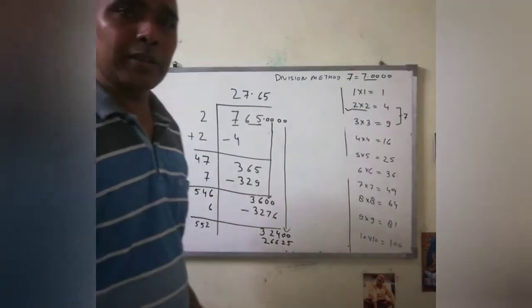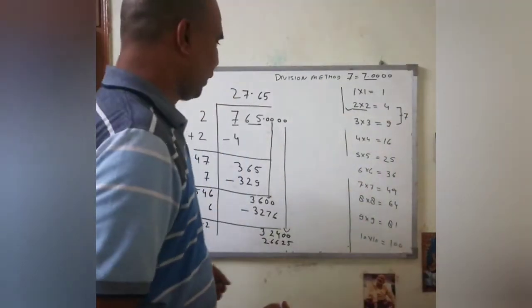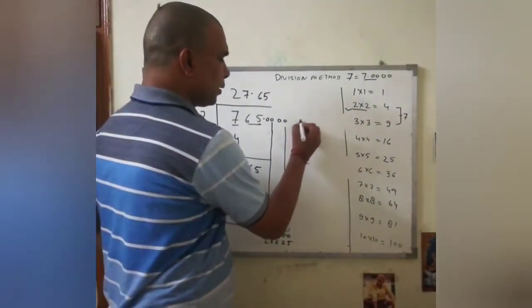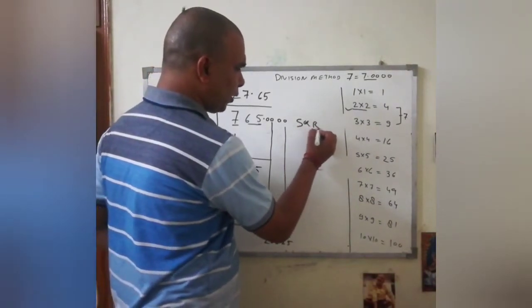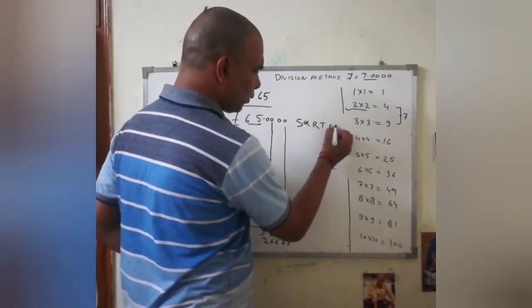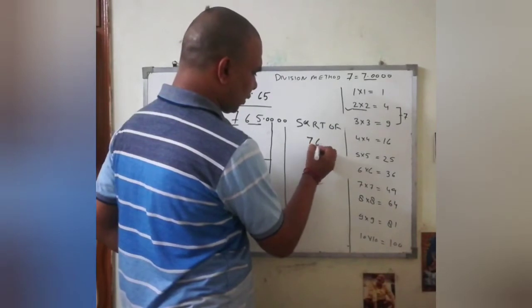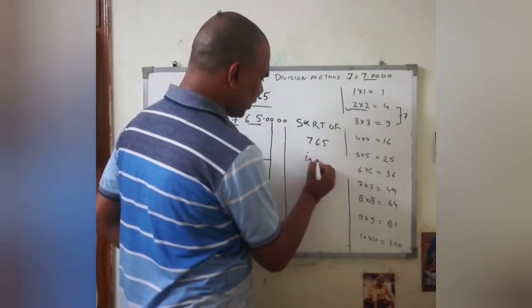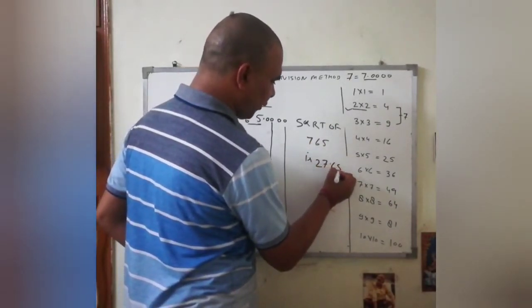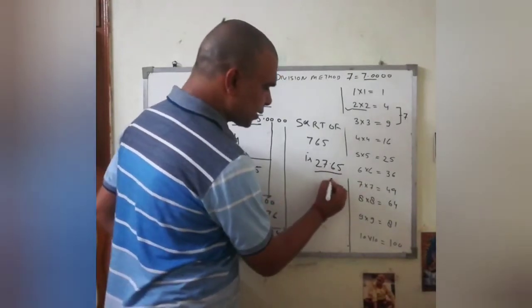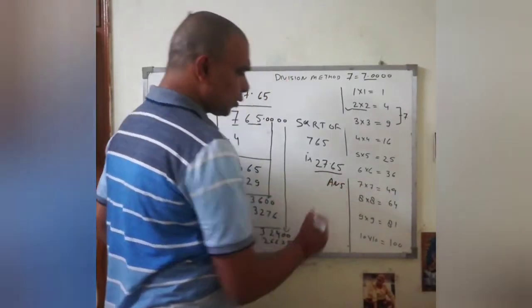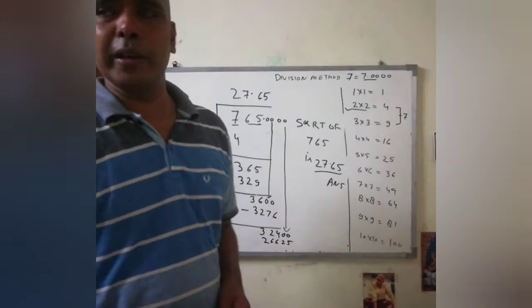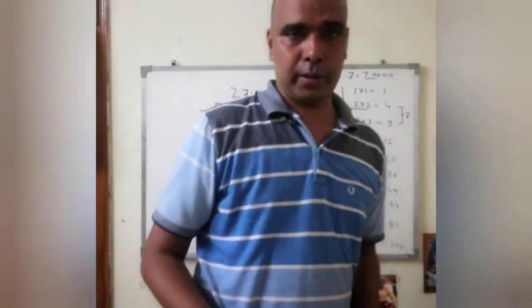So what is the square root of 765? The square root of 765 is 27.65. It is your answer. So in this way you can calculate the square root of any number.